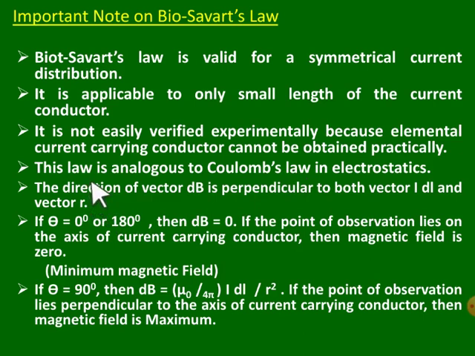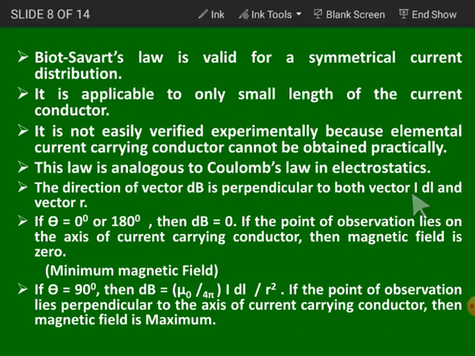This law, your Biot-Savart's law, is analogous to Coulomb's law in electrostatics. In electrostatics, Coulomb's law means the force between two charges. So it is almost similar to Coulomb's law. The direction of vector dB is perpendicular to both vector IDL and the position vector R, as I told you in the previous slide also.